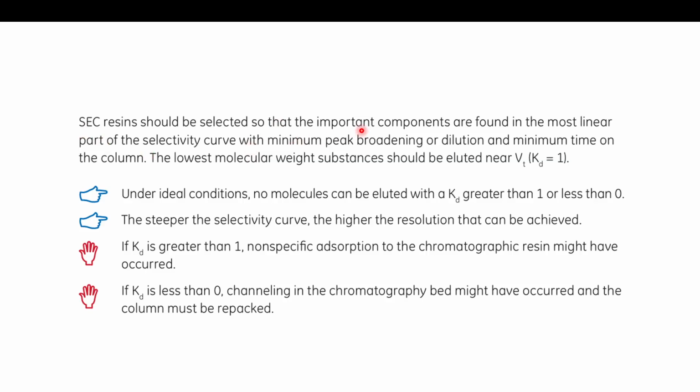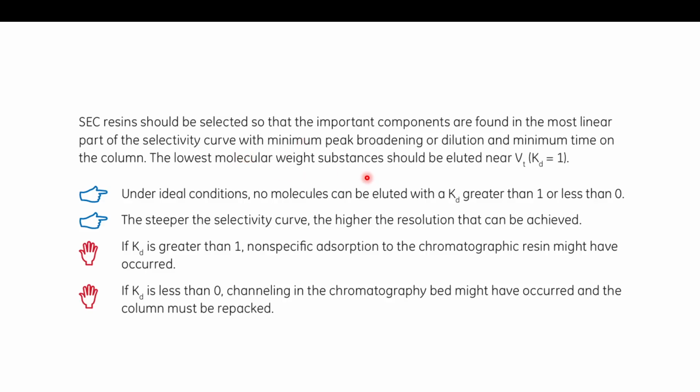They should be selected so that the really important components you want to purify are found in the most linear part of the selectivity curve or of the chromatogram, with minimum peak broadening. Eventually they should be separated out in sharp, well resolved peaks, with no overlapping peaks where your biomolecule of interest is mixed with some other contaminant.